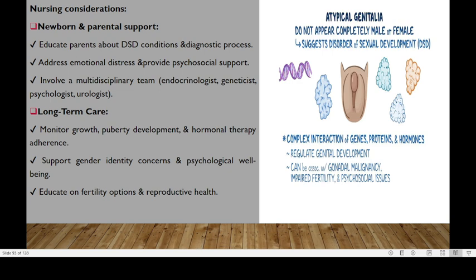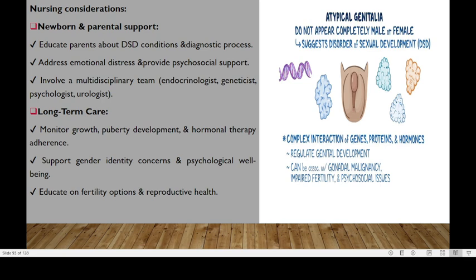So educate the parents about disorders of sexual development and also the diagnostic process, assess emotional distress and provide psychosocial support, and involve a multidisciplinary team: endocrinologists, geneticists, psychologists, urologists.